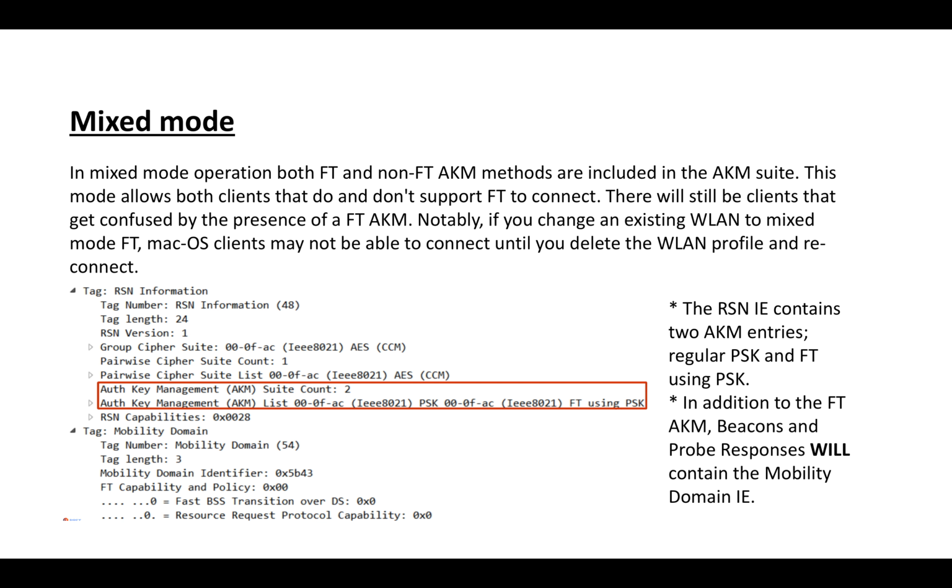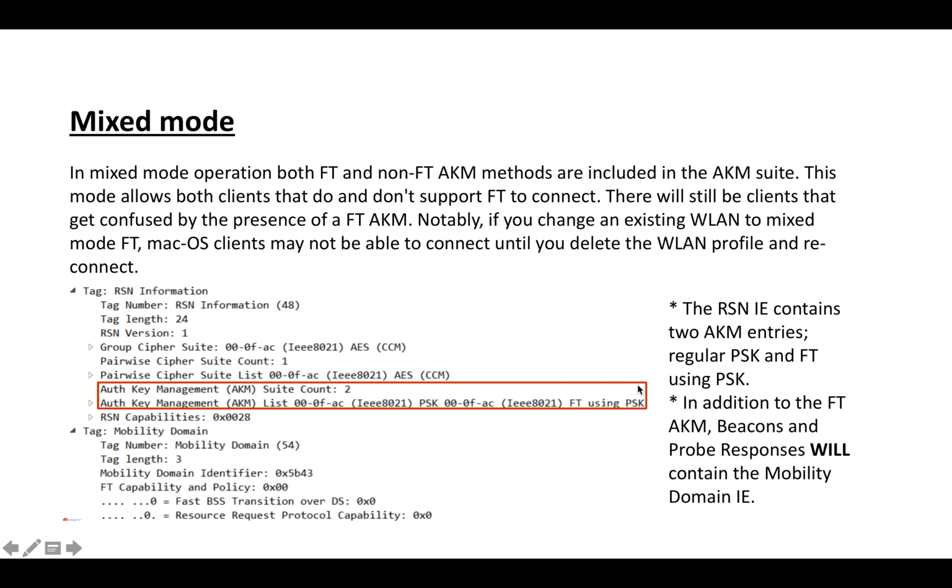There is something else that exists, which is called a mixed mode. What does that do? Now have a look at this authentication and key management section. The suite count is 2. What does that mean? That means that in the beacon or in the probe response, there are 2 sets of authentication and key management values that are being sent out. One, as you can see, is a PSK here.